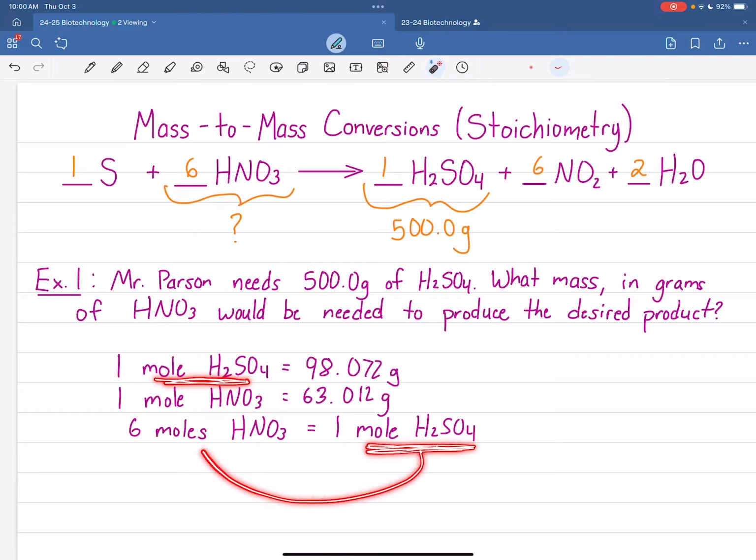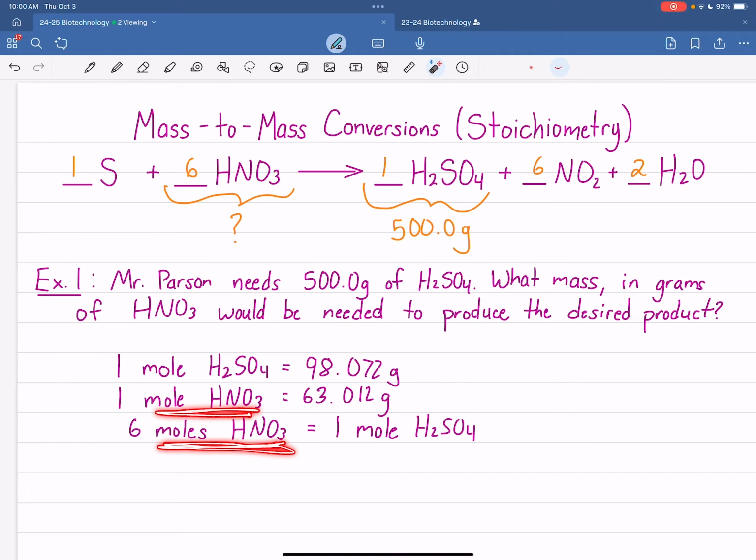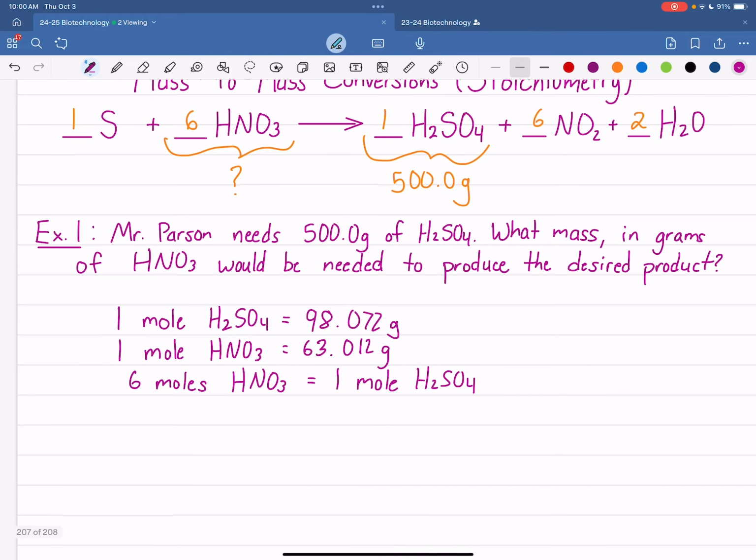I can actually switch to the moles of HNO3. Once we're in the moles of HNO3, notice that matches here. We can use this molar mass to get us into the grams of our final desired answer, which is grams of HNO3. I'm going to go ahead and start setting up our t-table.